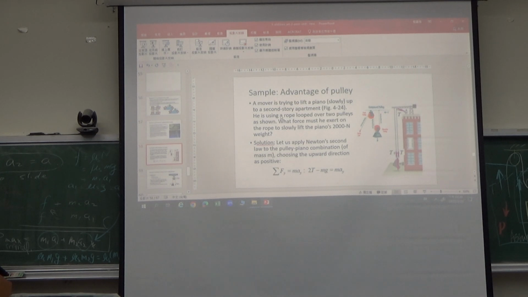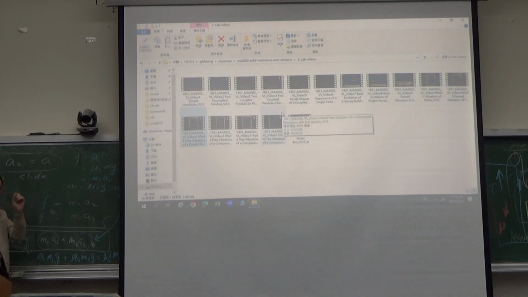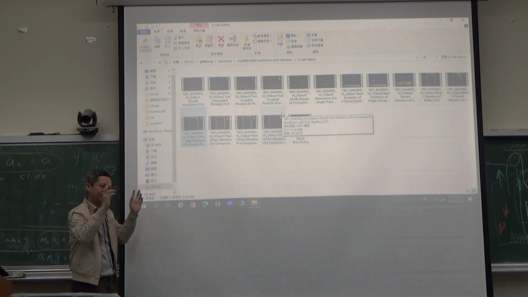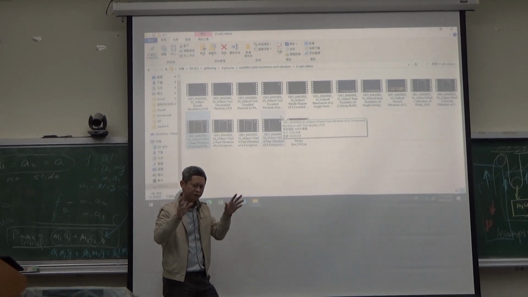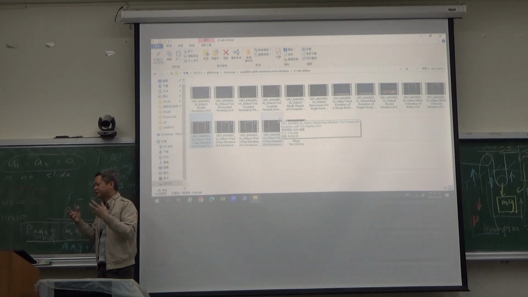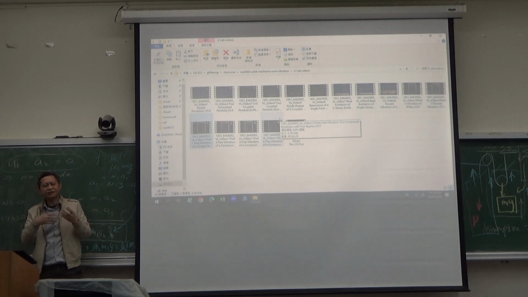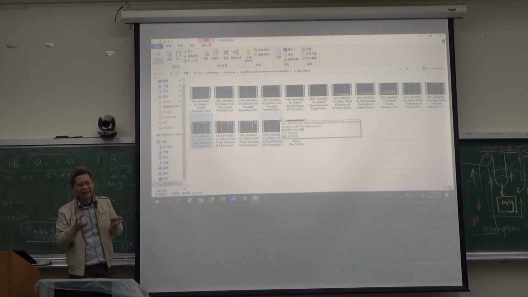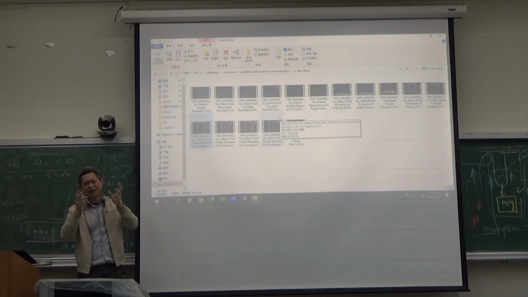So we are studying kinetics for a single particle, but bear in mind, this single particle does not have the shape of a point. We have the shape of a car with 2 wheels, 4 wheels, car body, and passenger. This kind of simplification of the model is valid if all the passengers and all the wheels are moving at the same speed.